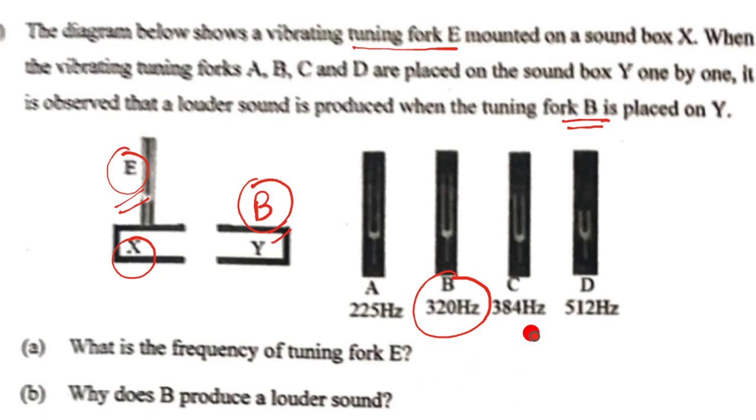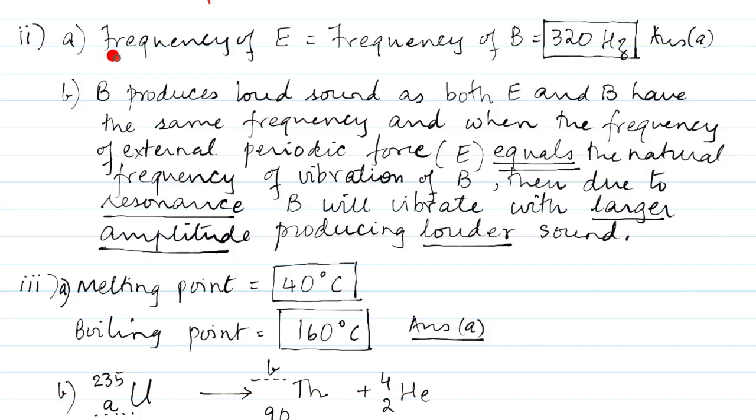Why is B producing louder sound? Let us see how we write it. Second subpart, A. Frequency of E will be the same as frequency of B, that is 320 Hertz. So that is your 1 mark. Then B is telling you, write why the loud sound is produced by B. Because both E and B have the same frequency.